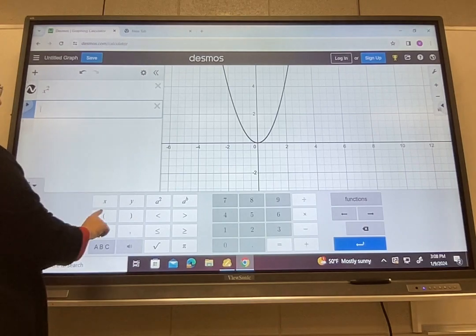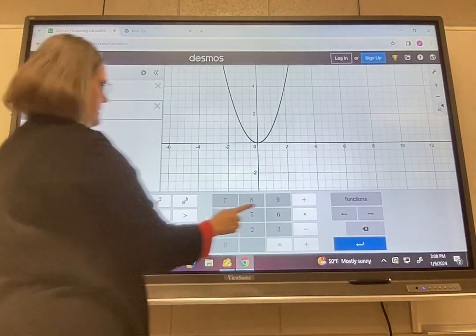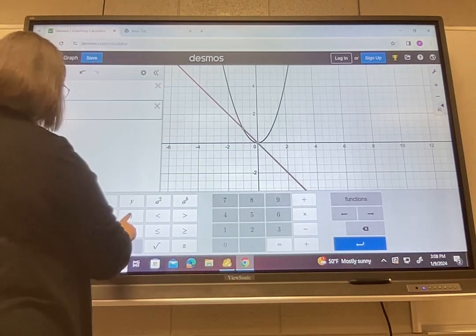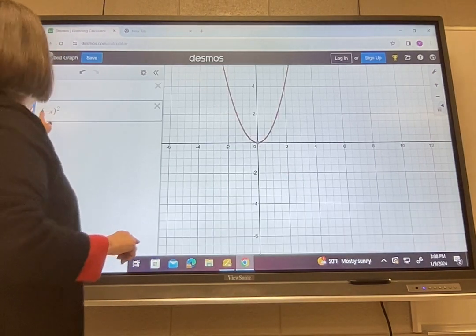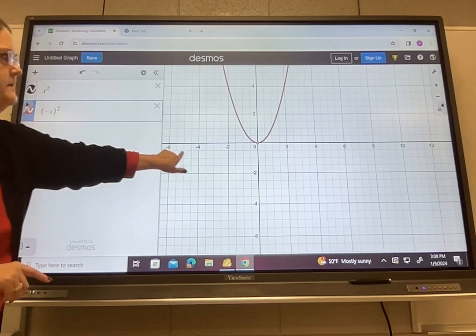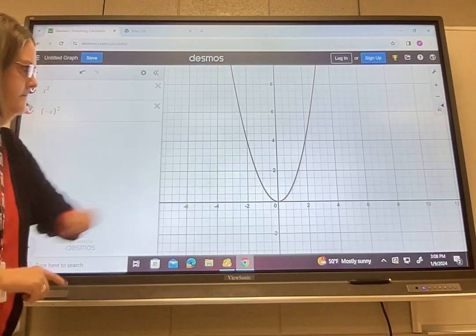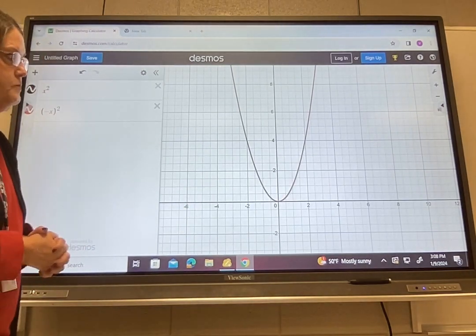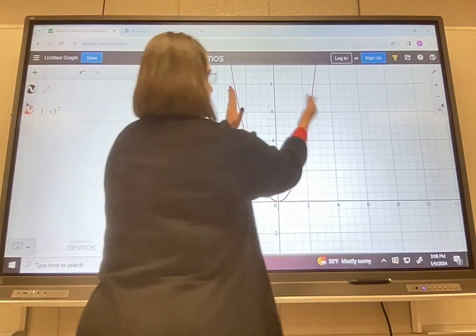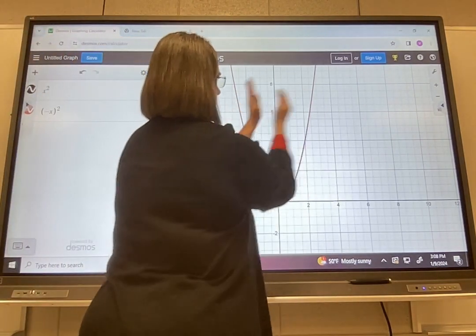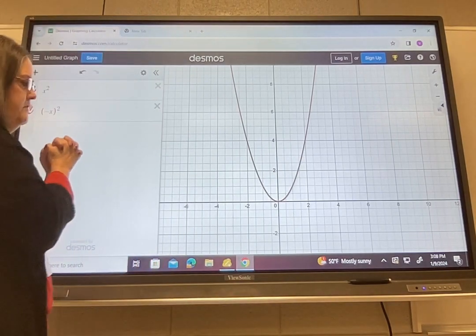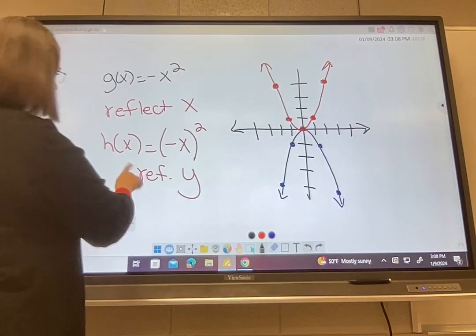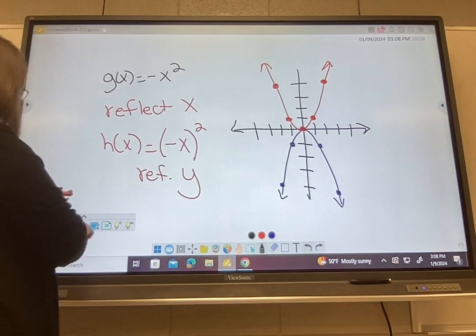And now if I reflect it over y, notice it's the same graph. See how the red and the black are in the same place? That's just what happens. If I reflect this over y, it's the same graph. It just happens that way. But if there's a negative sign there, we say reflect y.